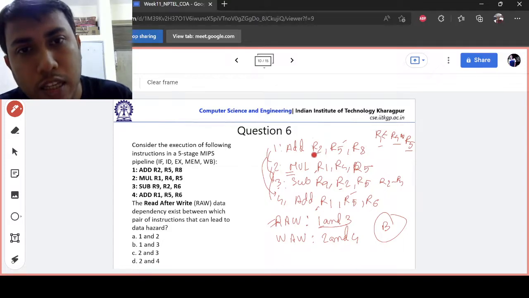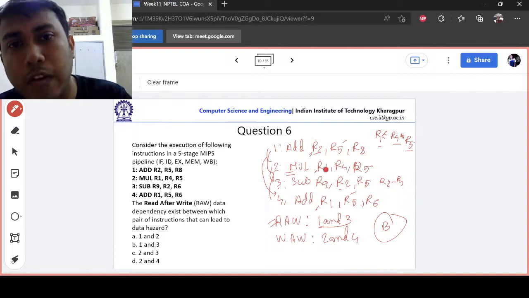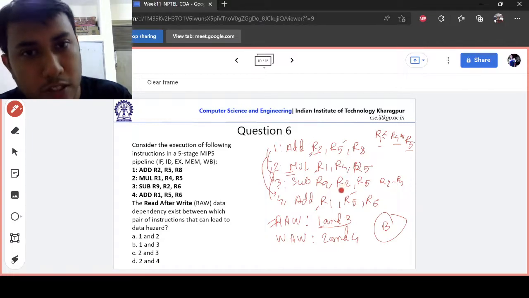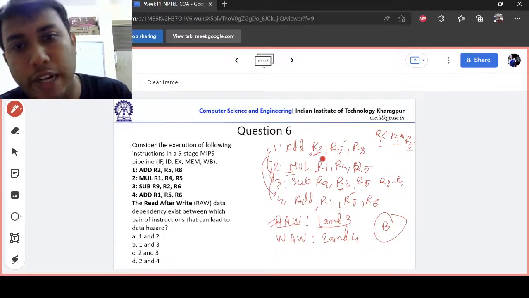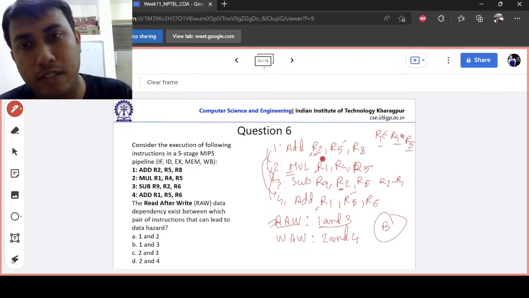So this operation is a write on R2, whereas operation 3 is a read on R2. So this is a read after write, on the same register. That's why we are calling it a read after write hazard.